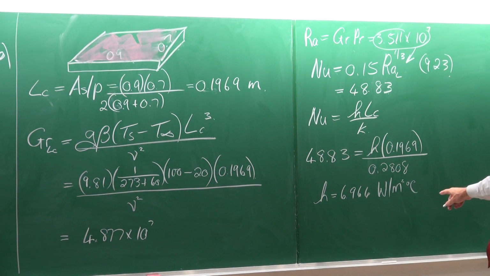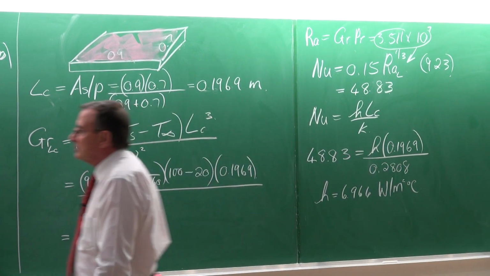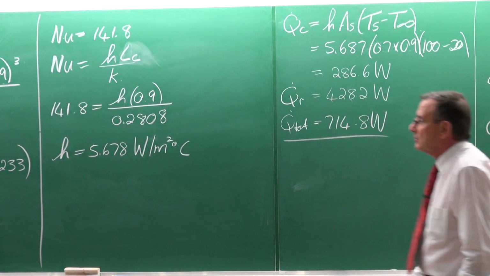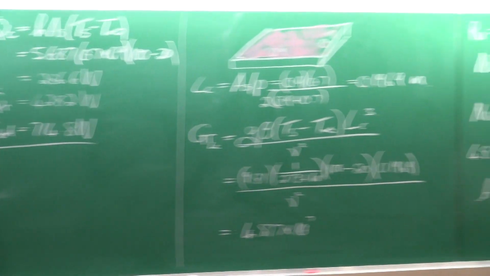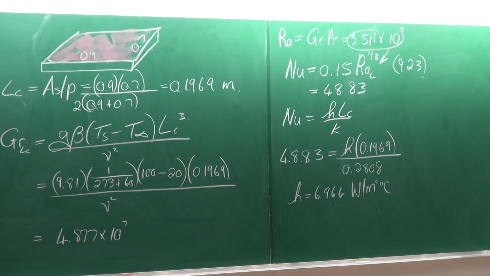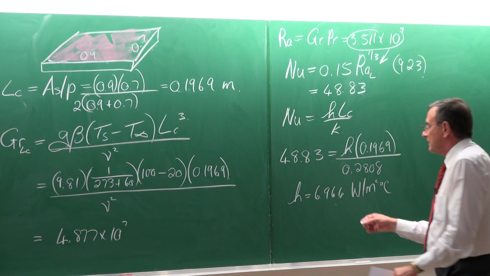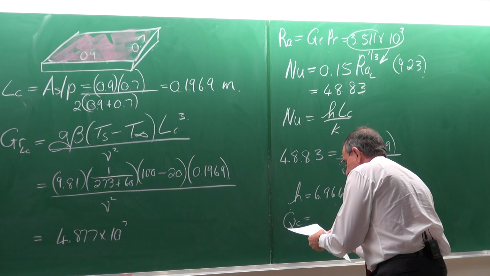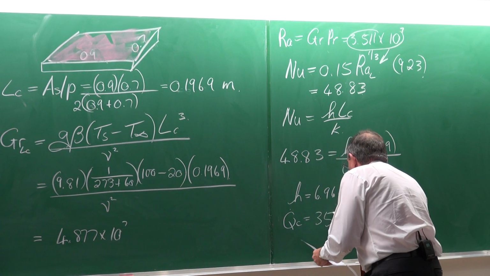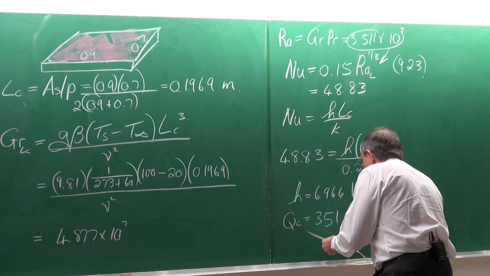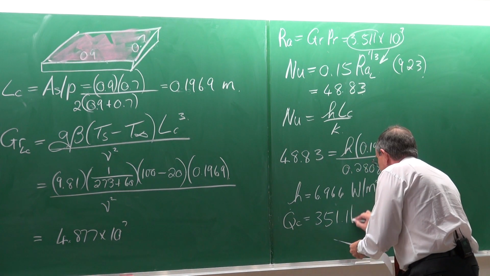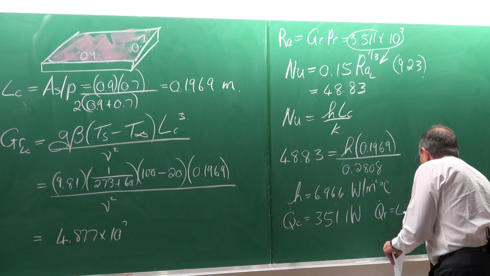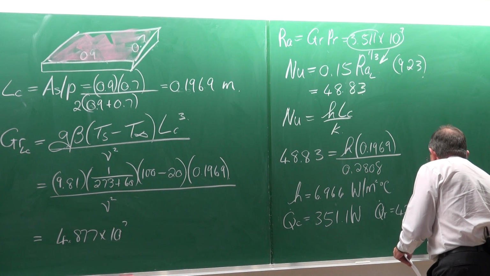If we compare this heat transfer coefficient to that of the case where we had the plate in a vertical position, we see that the heat transfer coefficient is higher, which means that the convection heat transfer is going to be more. So from that you can go and calculate the convection heat transfer. I'm not going to write it out, but it is equal to 351.1 watts. The radiation is equal to 428.2 watts.